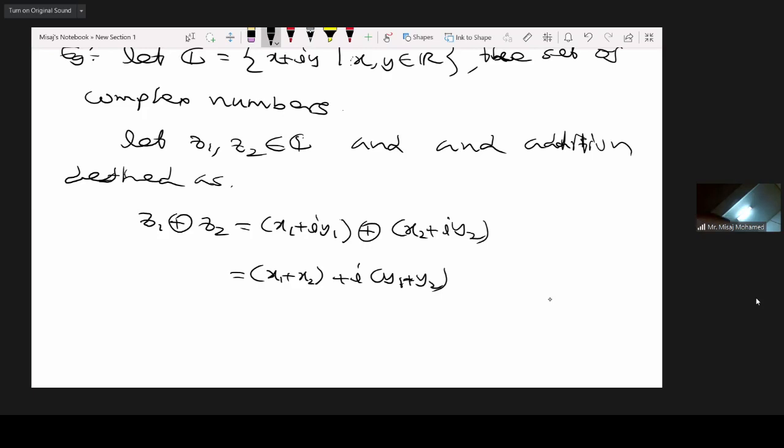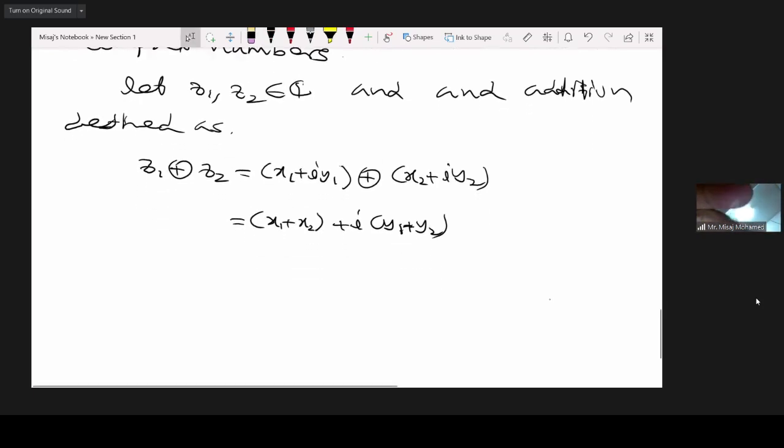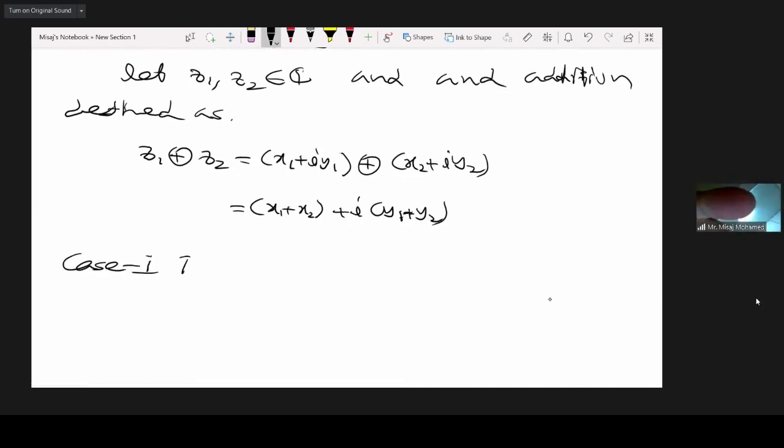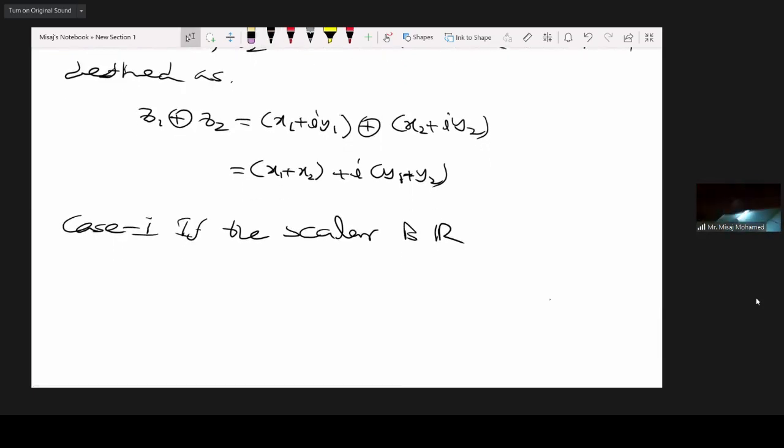So in here, case 1: if the scalar is R, then check that C is a vector space over R.